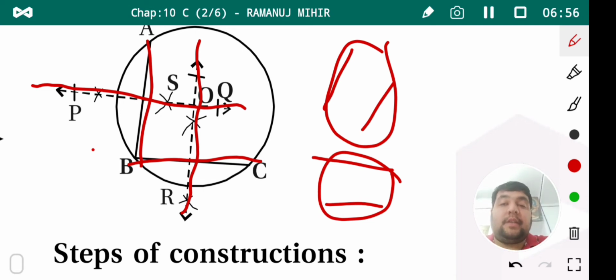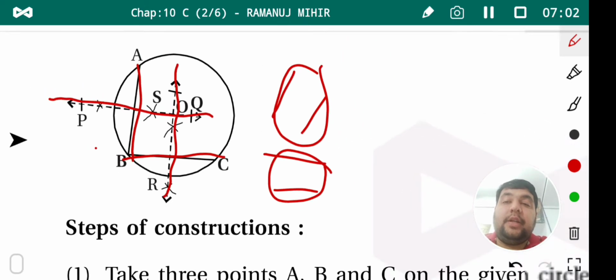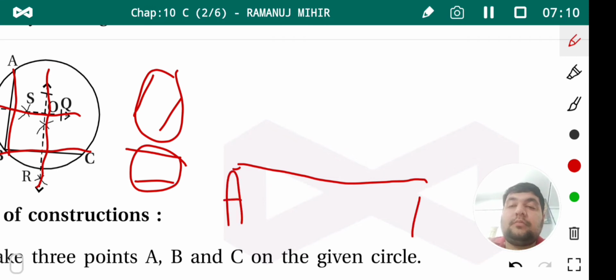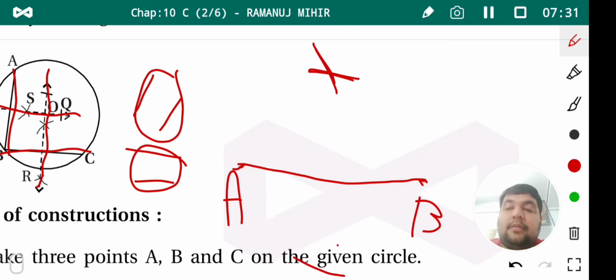Now remember the construction that we did in our previous classes. If we have a line segment AB and we want to draw a perpendicular bisector, what will we do? We will take the measurement exactly as AB and then make one arc from point A and one arc from point B, and the same arcs below the line segment and above the line segment.